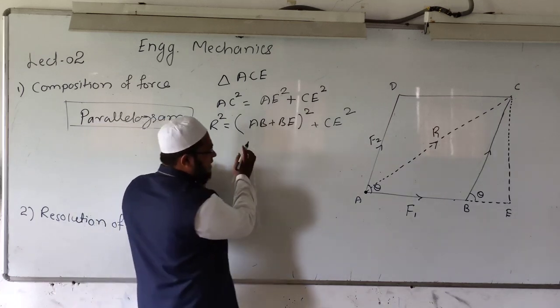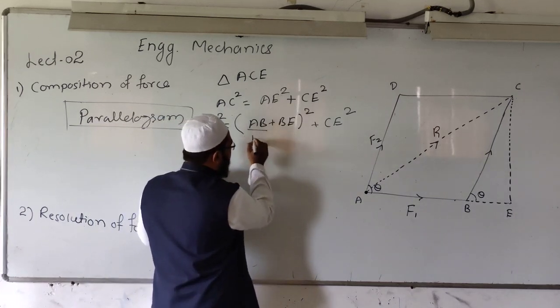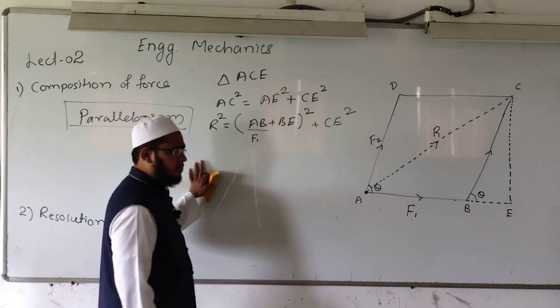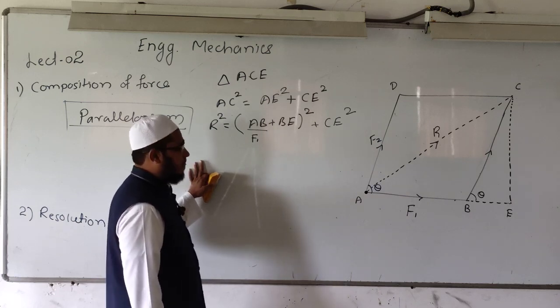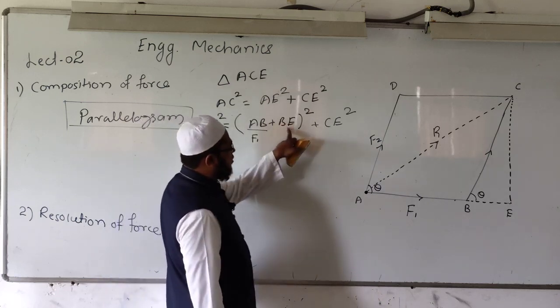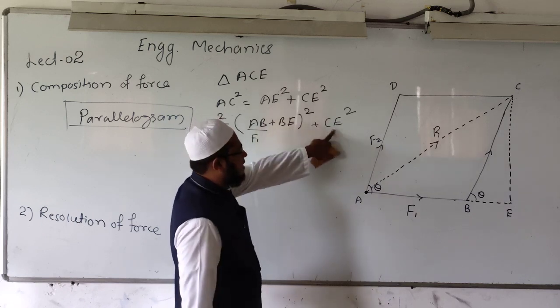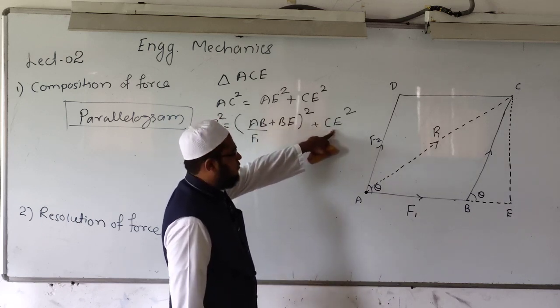But we know that AB is represented by F1, but the value of BE we don't know, and similarly the value of CE also we don't know.